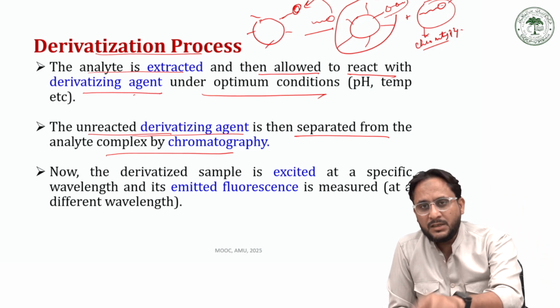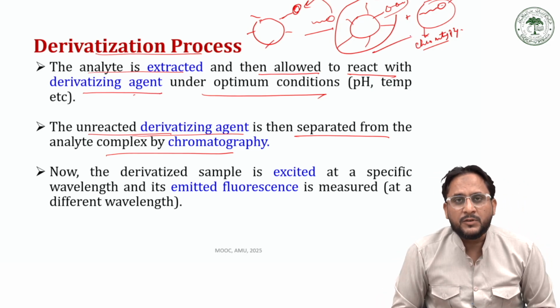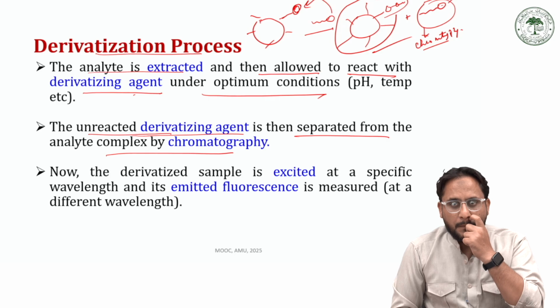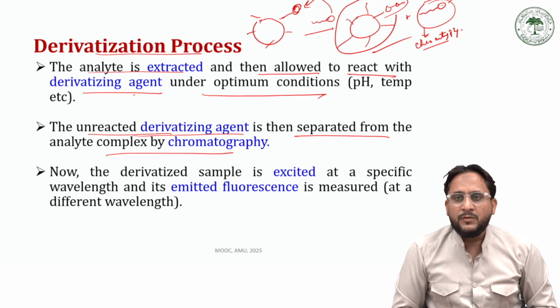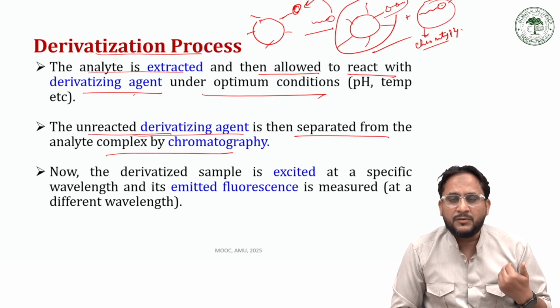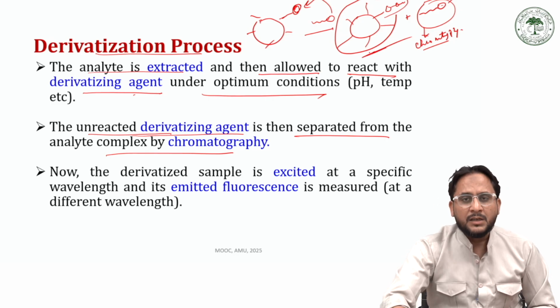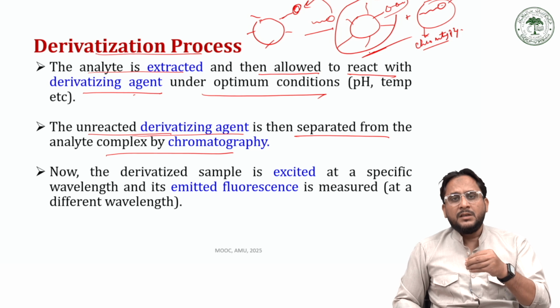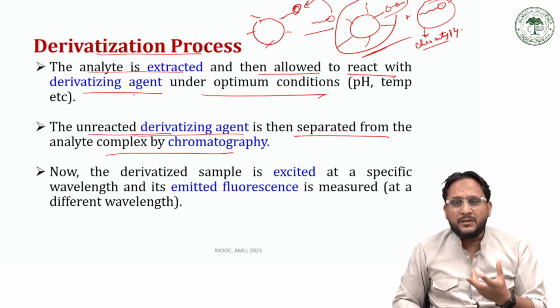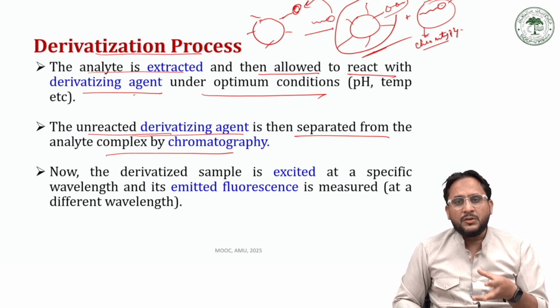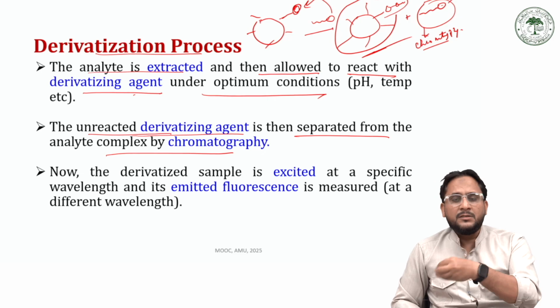Now, since the analyte has become fluorescent, we illuminate it with UV light. There will be absorption of light causing excitation. When the electrons come back, they emit light, and the analyte molecule, which was earlier colorless, will now glow because of the derivatized fluorescence method.